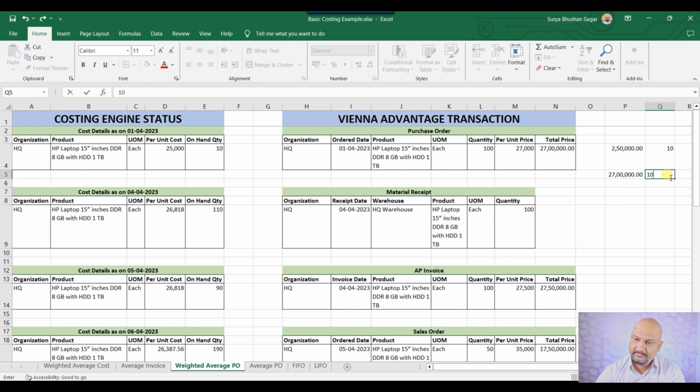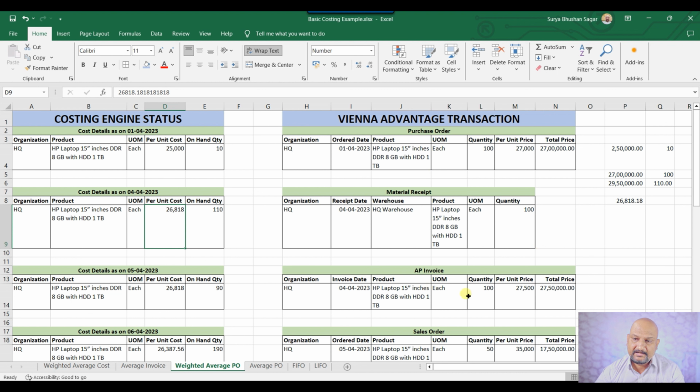If I sum both these values and calculate my cost, it is going to be this divided by this, so it is 26,818.18. That is how the system calculates the weighted average PO.